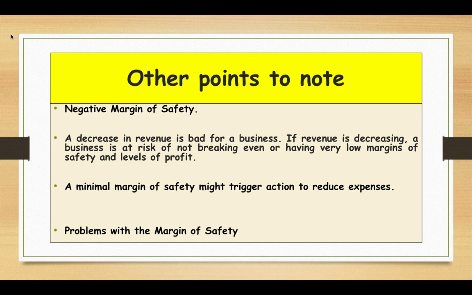Now the problems with margin of safety. The margin of safety concept does not work well when sales are seasonal. We know if it is a seasonal business, in some months the sales will be really high, so we call them peak months, and in some months the sales will be really low.